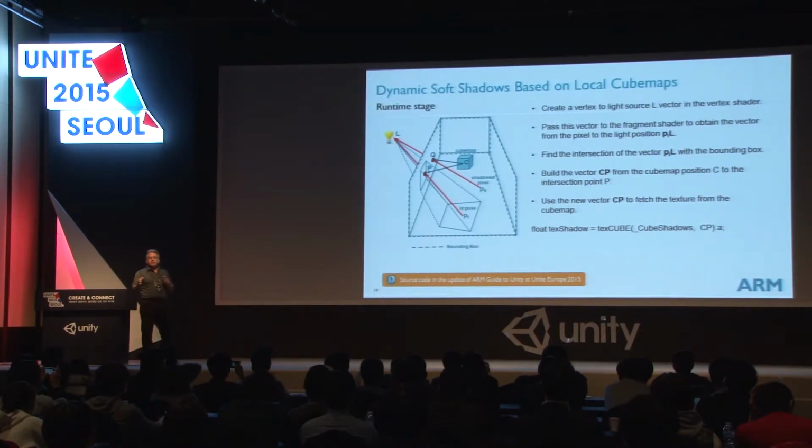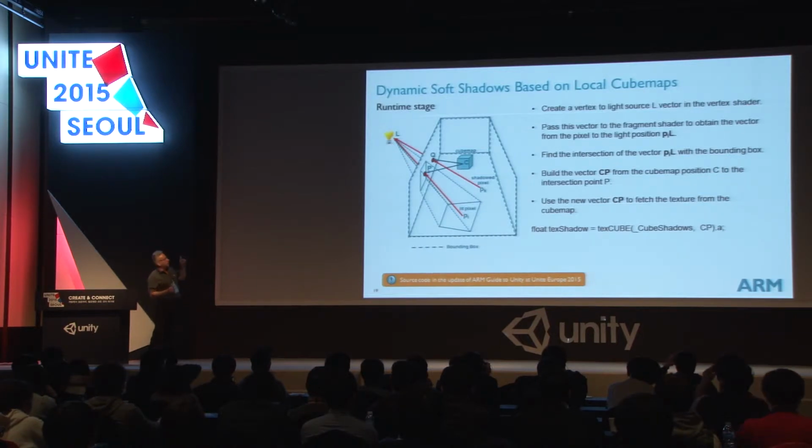And we get in the fragment shader an already interpolated vector from the fragment to the light. And then we apply the local correction to this vector. So we find the intersection of this vector with the proxy geometry. And we build a new vector from the position where the cube map was generated to that intersection point, in this case, CQ, CP.